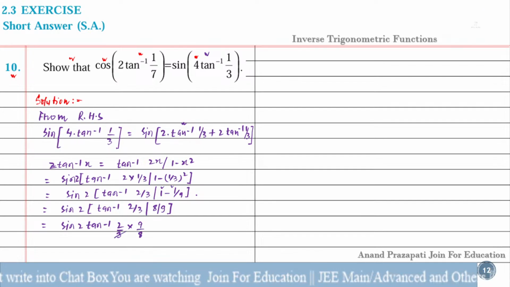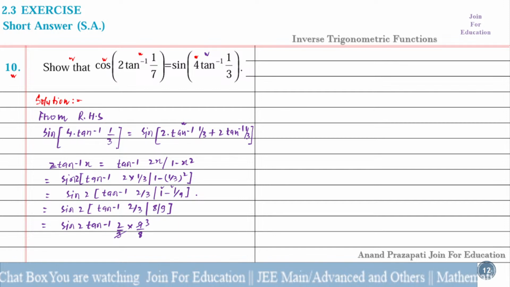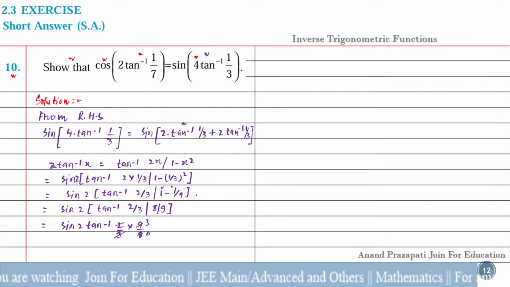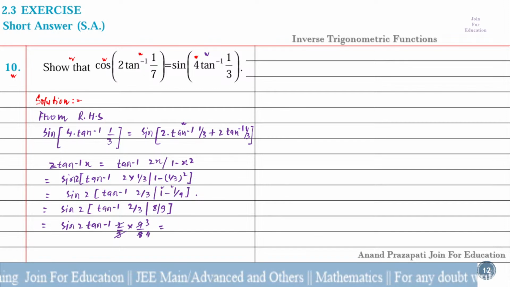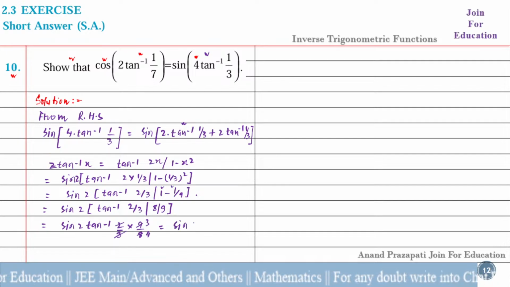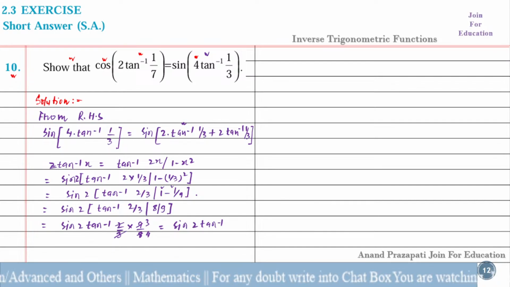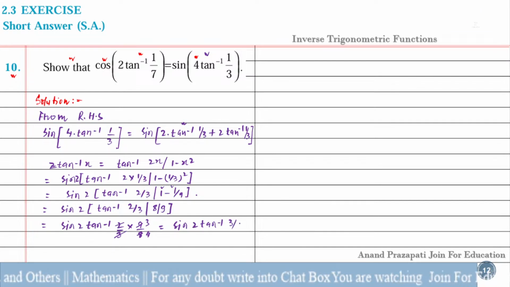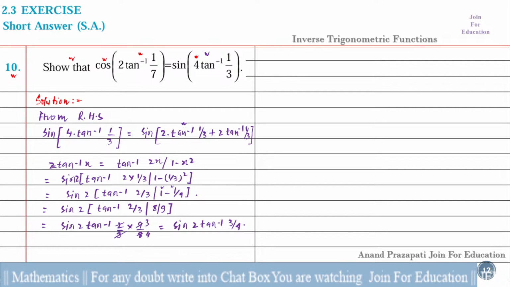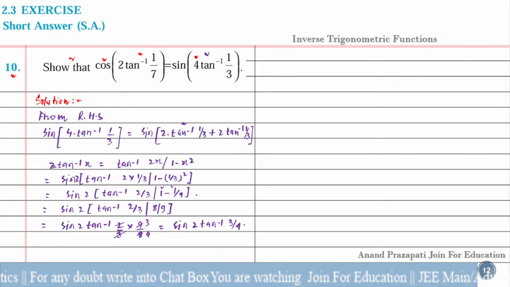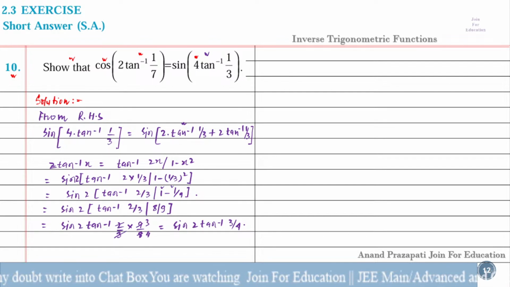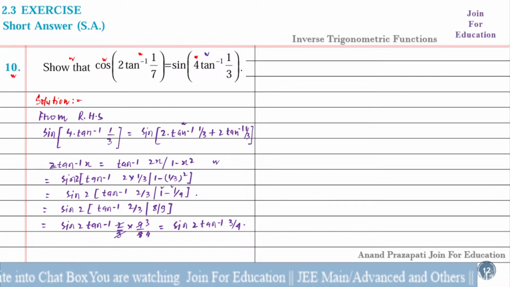We cancelled out this one. 3 3 is 9, 2 4 is 8. Then we get here sine 2 tan inverse 3 by 4. Again we expand 2 tan inverse 3 by 4 according to this formula. So here will be what?